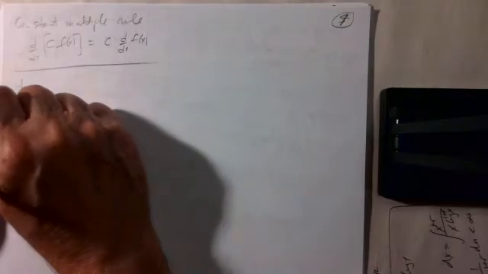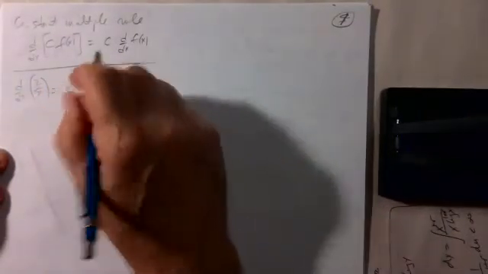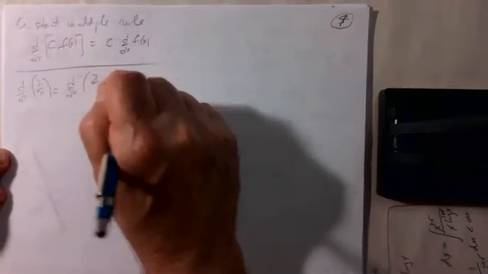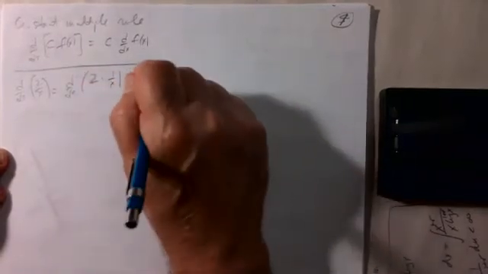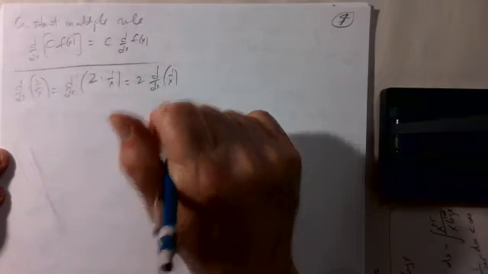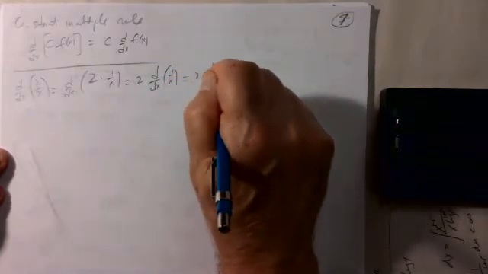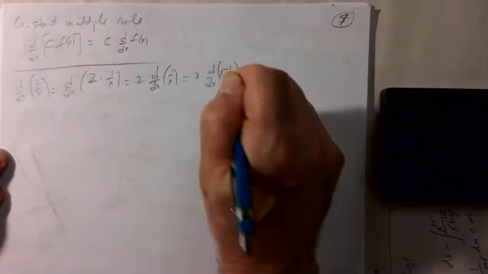So for example, the derivative of 2 over x, this is the derivative of the constant 2 times the function 1 over x. So that's 2 times the derivative of 1 over x. 1 over x is x to the minus 1.